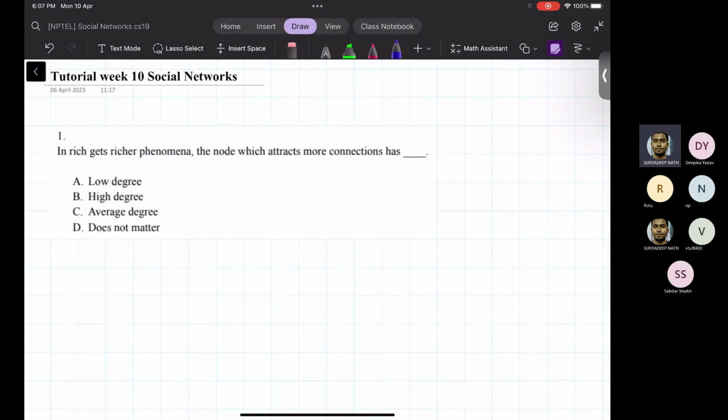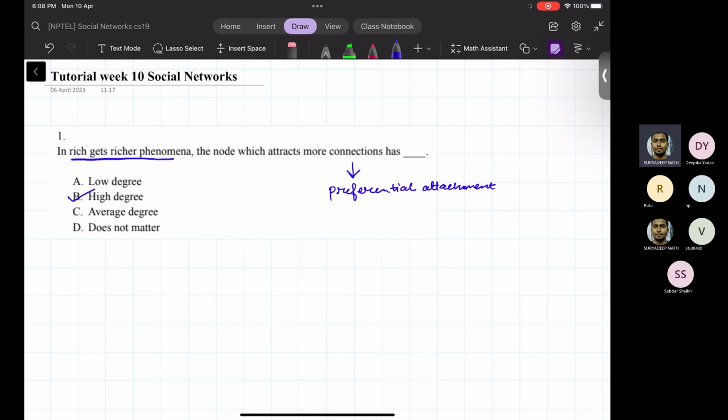If you recall, in the rich gets richer phenomenon, nodes which attract more connections follow preferential attachment, which means that they will connect themselves to nodes which are already well connected. So the right answer is option B, high degree.